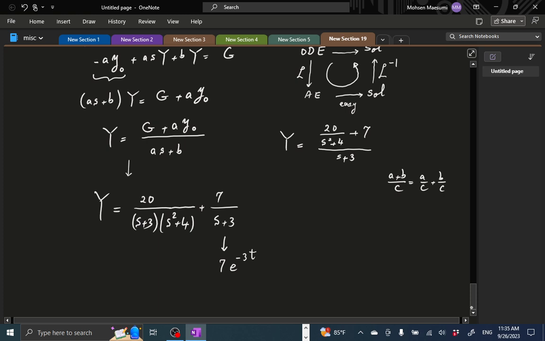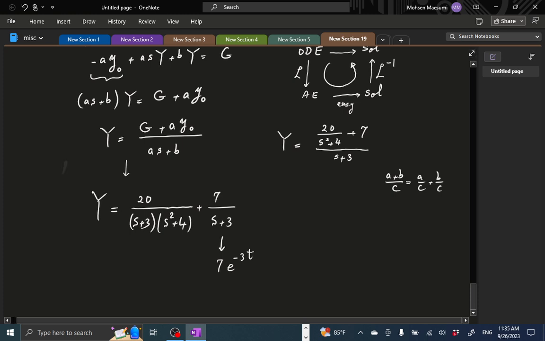So here comes one of the major ideas for this section. We are going to use an idea from calculus, the partial fraction decomposition. Partial fraction decomposition applies to expressions like this, which is a ratio of two polynomials. If I have a ratio of two polynomials, I can always think about breaking it into smaller, simpler fractions. What does that mean?